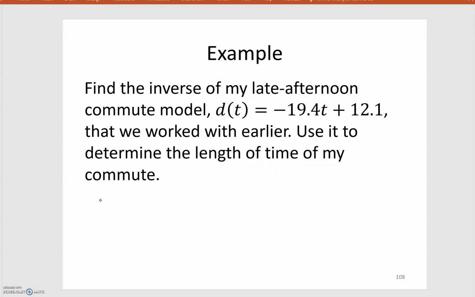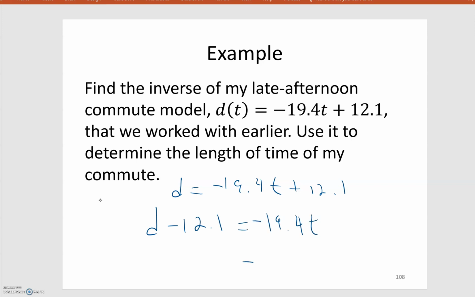Here's another example. Finding the inverse of this D of t function. So again, we start off D equals negative 19.4t plus 12.1, subtract, and then divide.